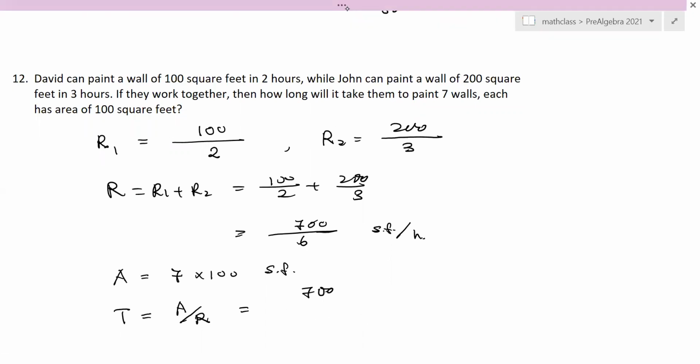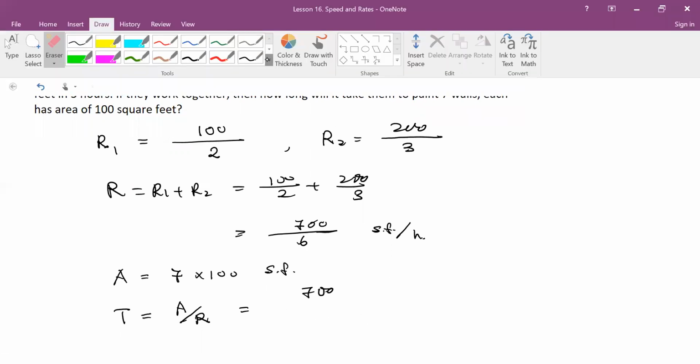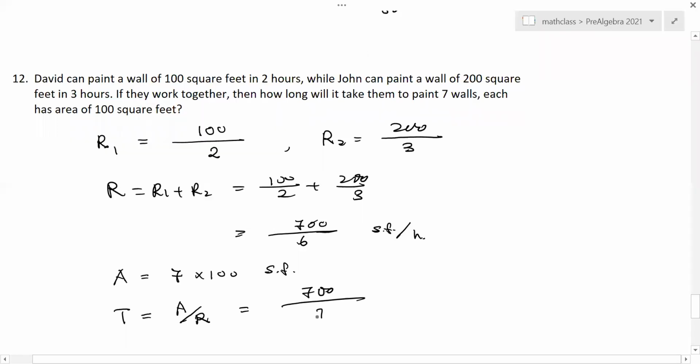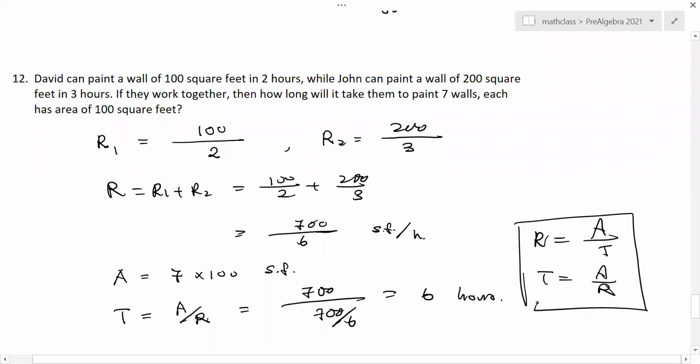So 700 divided by 700 over 6, and after simplifying, it's 6 hours. So the formulas we are using: the rate is the area divided by time, and time is the area divided by the rate. You can write down those formulas here when you solve the problem.